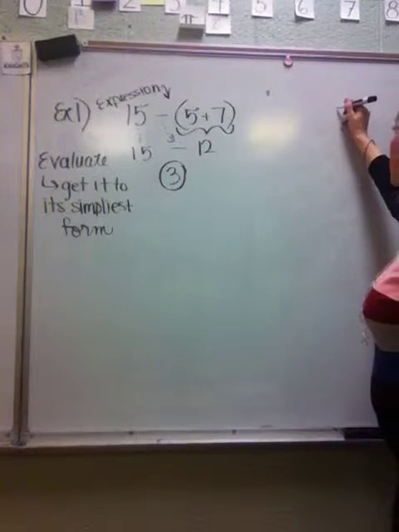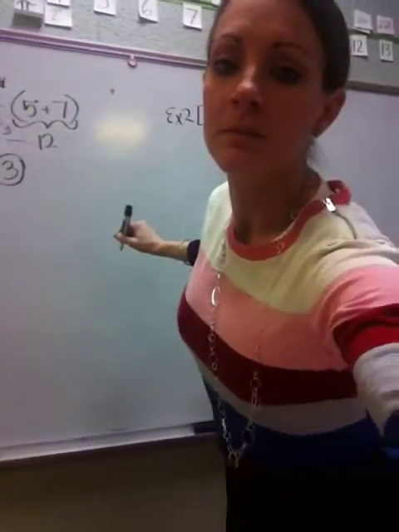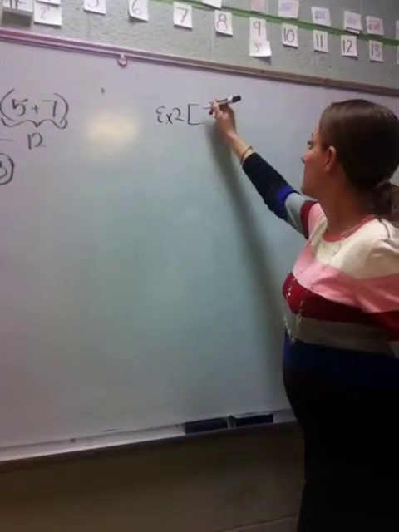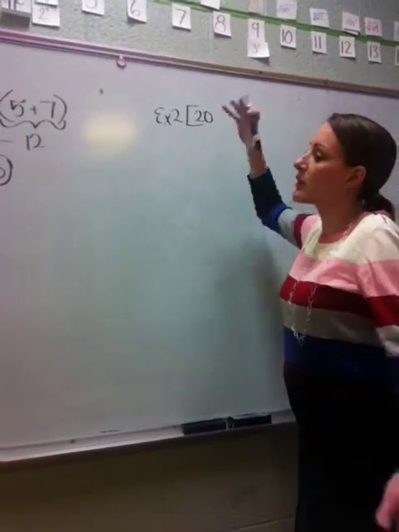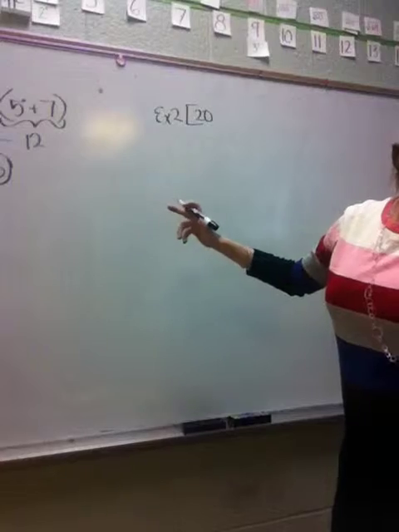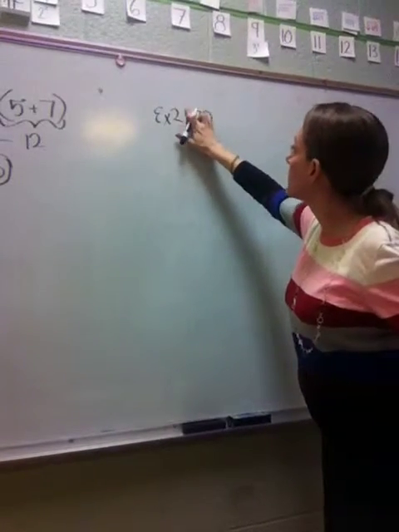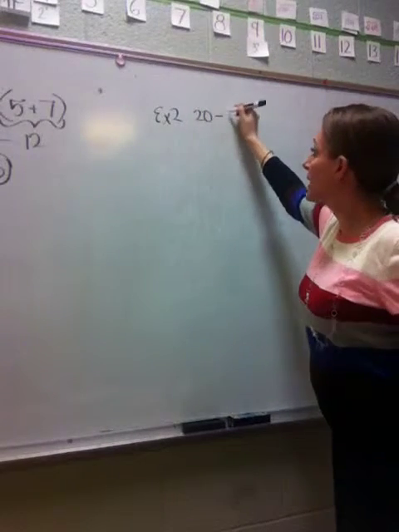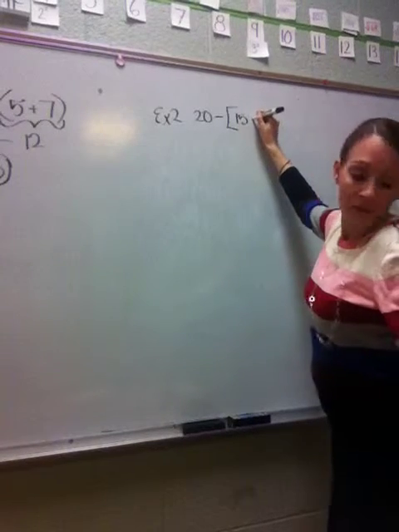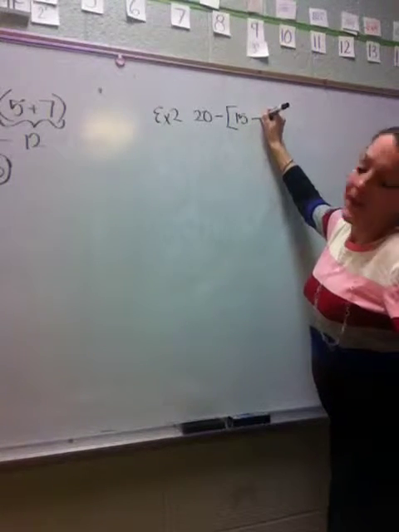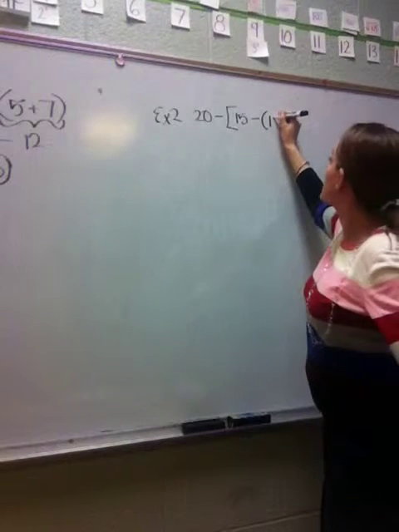All right, example 2. We have 20 in brackets, which have the same purpose as parentheses. Minus, sorry, I messed up. 20 minus, in brackets, 15 minus 5 plus 7.